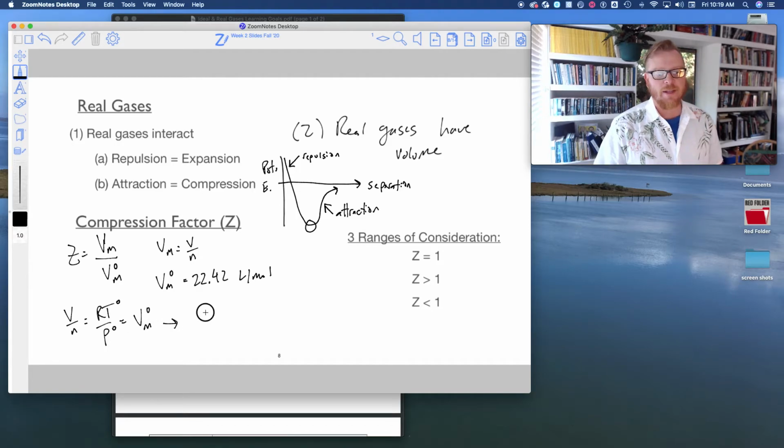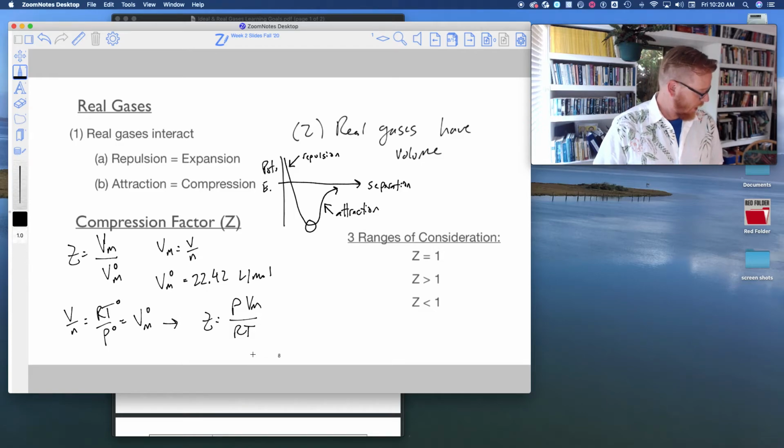So now that means I can say, well, then the Z, because Z is Vm over Vm standard, then that's going to be P, and I'm not going to put standard, this is just whatever the pressure is, times Vm divided by RT. Okay? So, right, keep in mind, now this P and this T are just whatever the observed pressure and temperature are. Okay?